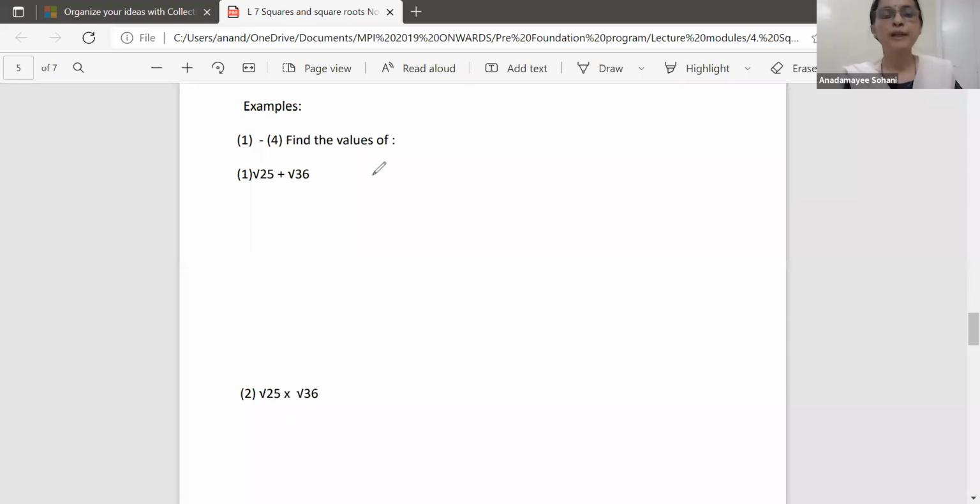Root 25 plus root 36. Now, root 25 can be plus or minus 5. And root 36 can be plus or minus 6.